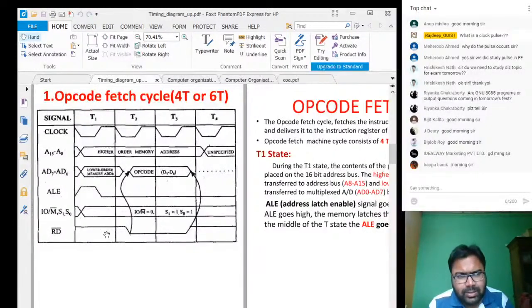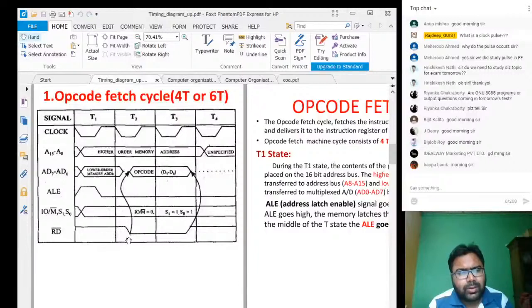After this, in the second cycle, address latch enable is 0. Now AD0 to AD7 will be used to transfer data.